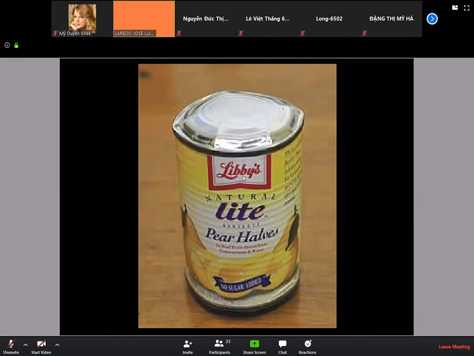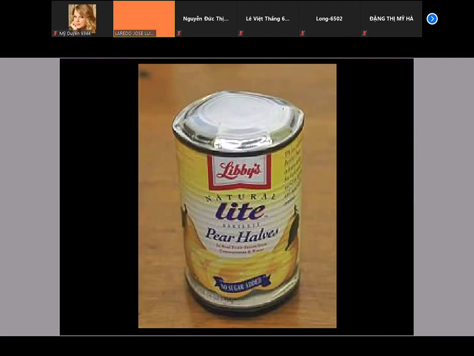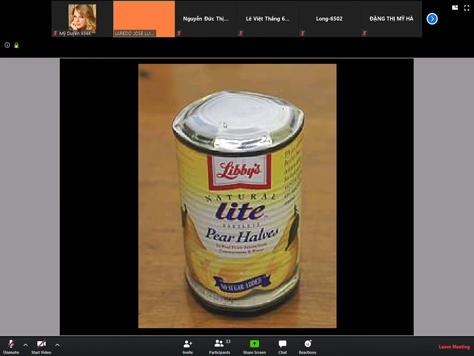So if you have a can like this one in your house, don't eat it. Look, the can is swollen. Why? As I told you, anaerobic metabolism releases a lot of gas. So possibly this can is contaminated with botulinum toxin.